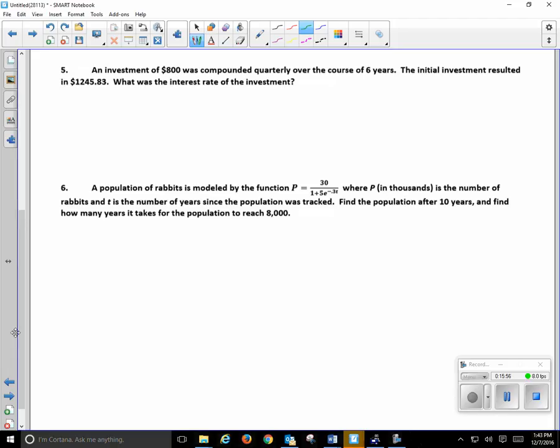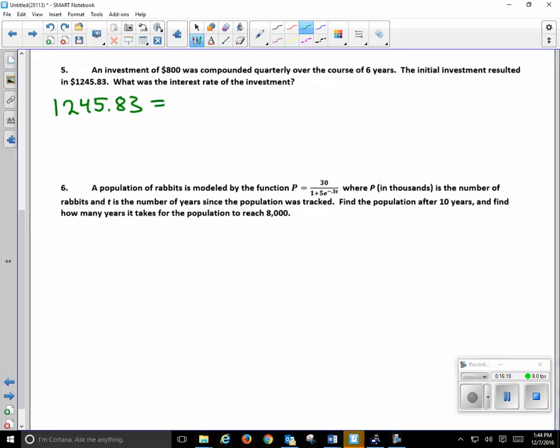An investment of $800 was compounded quarterly over the course of 6 years. It resulted in $1,245.83. So they got a nice return on their investment. The question is, what was the rate of the investment? Well, I know that the amount is $1,245.83.